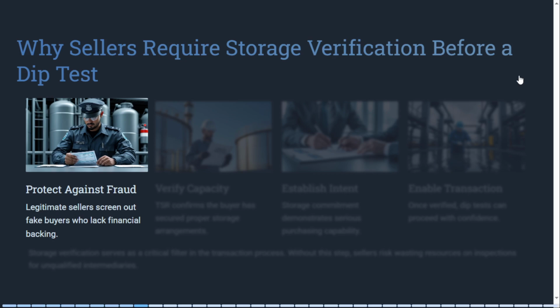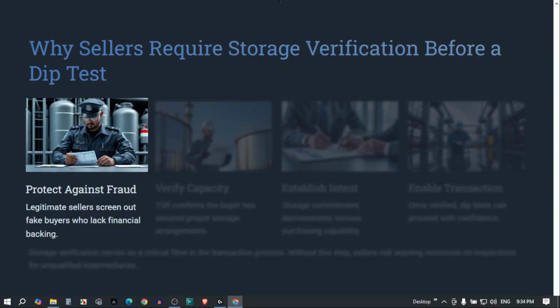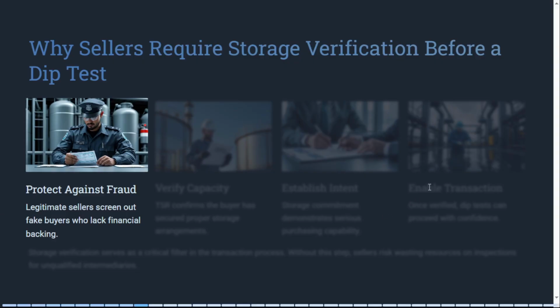They talk very big, but when it's time to perform, they vanish. Proper verification helps you filter these time wasters early. You have to verify the documents and understand the financial capacity of the buyers. Without that, it's a waste of time.